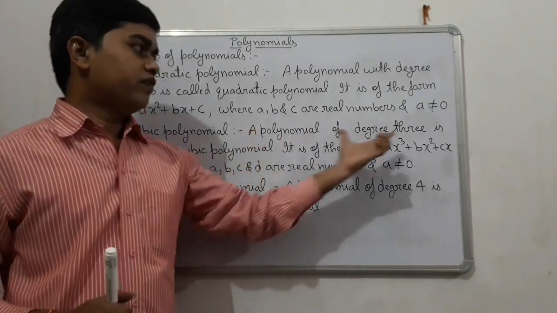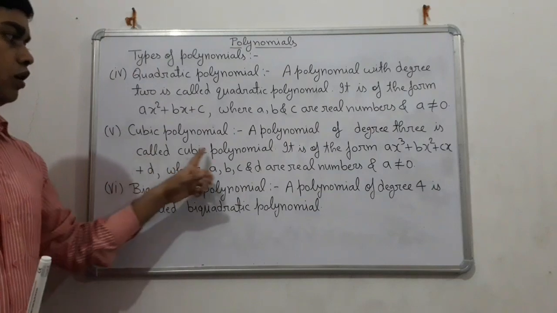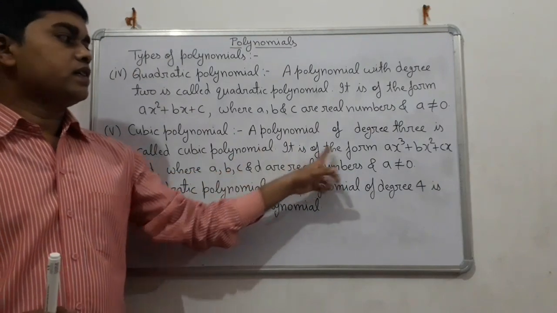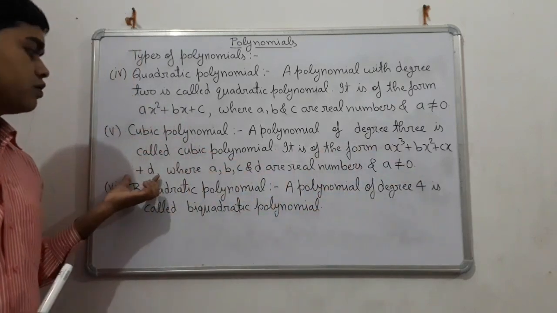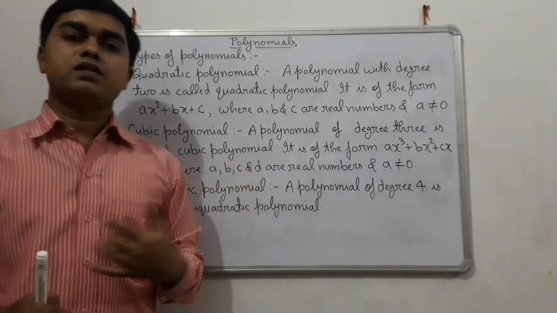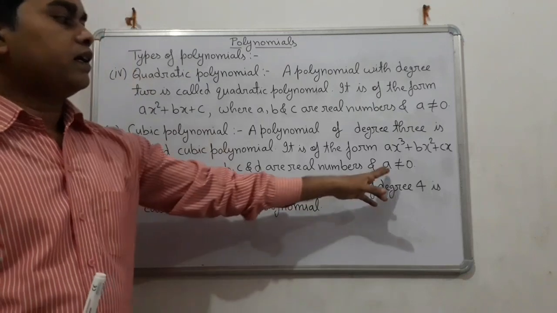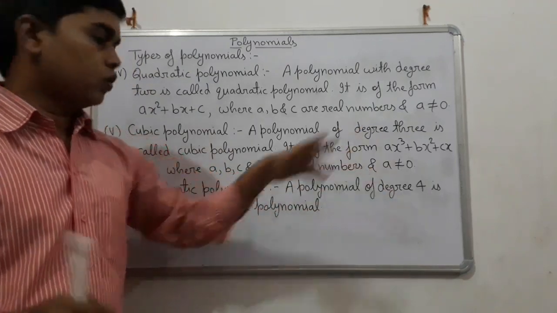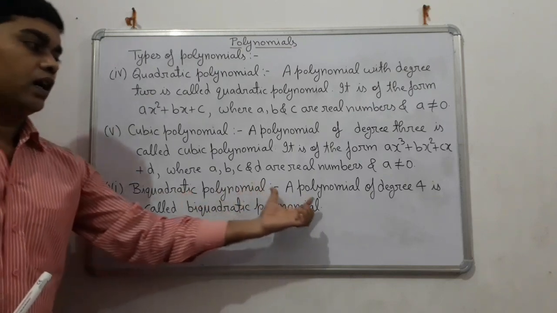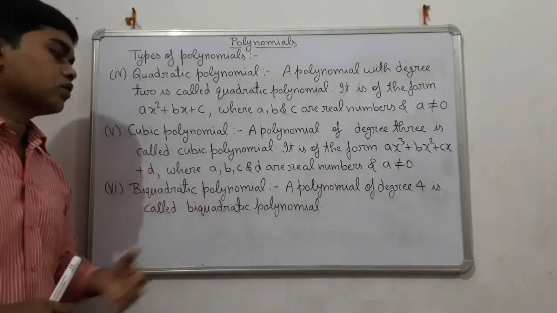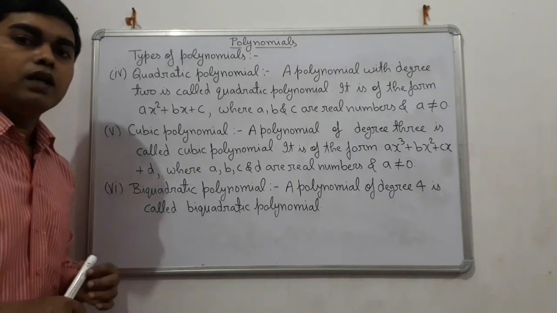A polynomial of degree 3 is called a cubic polynomial. It is of the form ax cube plus bx square plus cx plus d, where a, b, c and d are real numbers and a should not equal 0. And after that one more, biquadratic polynomial. A polynomial of degree 4 is called a biquadratic polynomial.